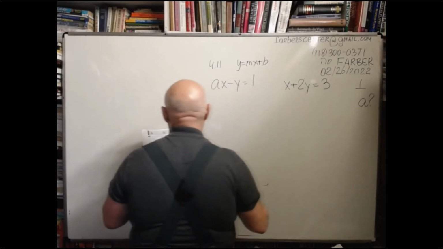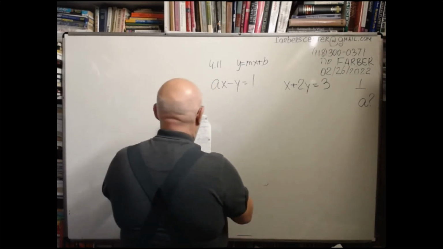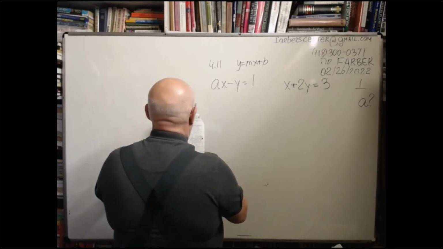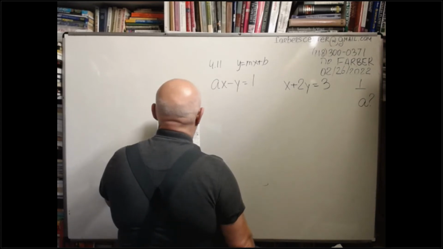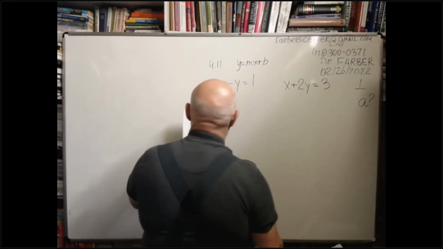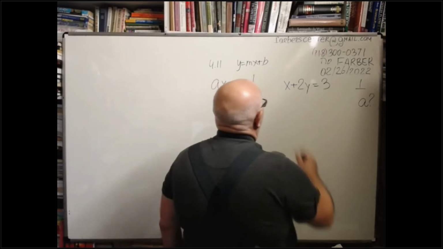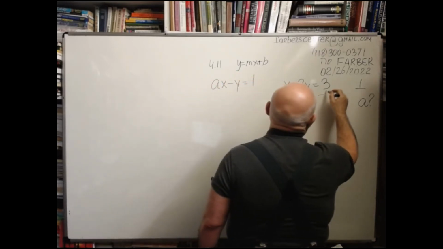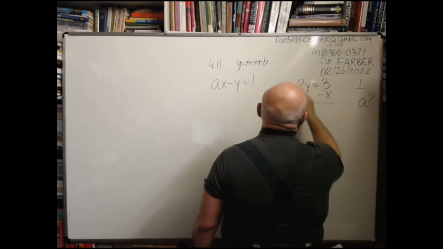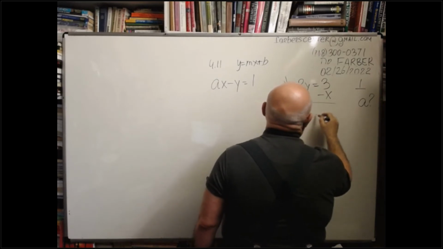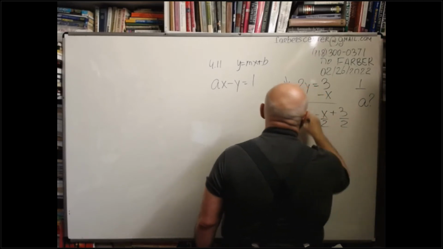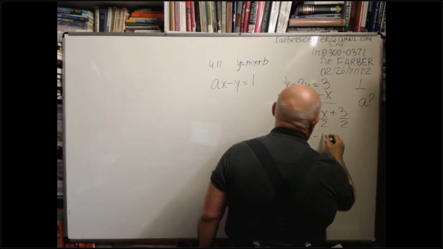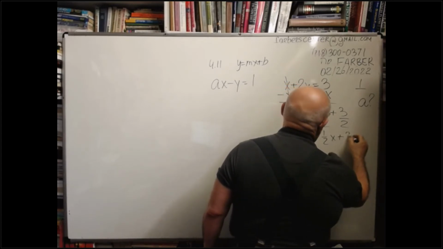Minus x and minus x cancel out: 2y equals negative x plus 3. Divide both parts by 2, and you can write y equals negative 1 over 2 x plus 3 over 2.